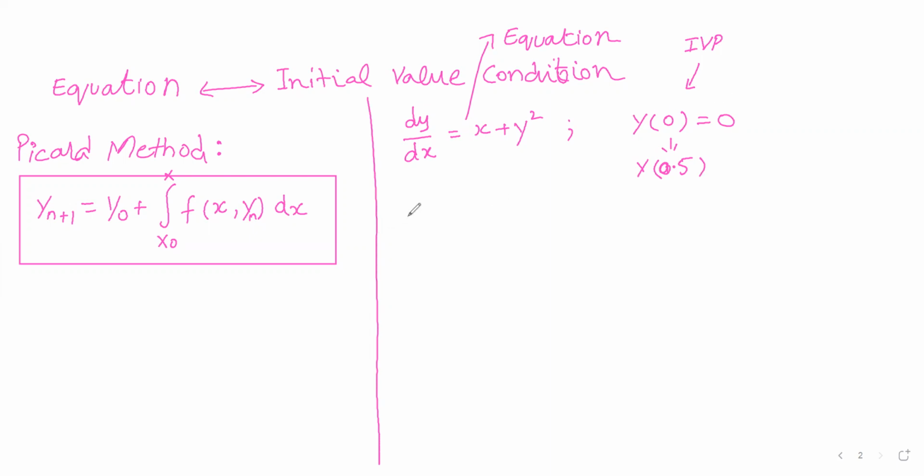It is also called an iterative method, in which we solve our equation as per the requirement of the question. In this question, they say to solve up to 3 iterations.